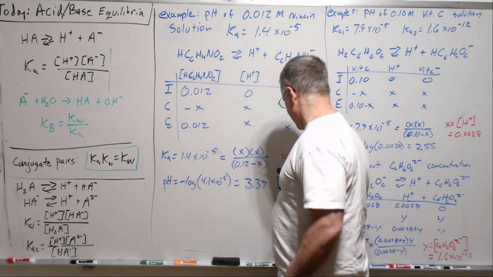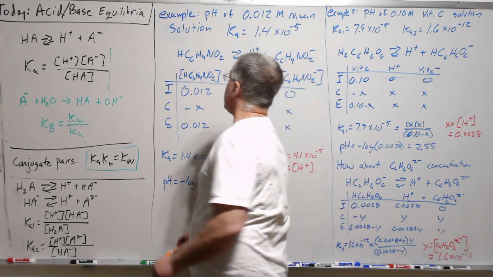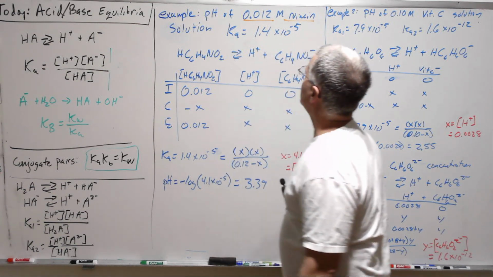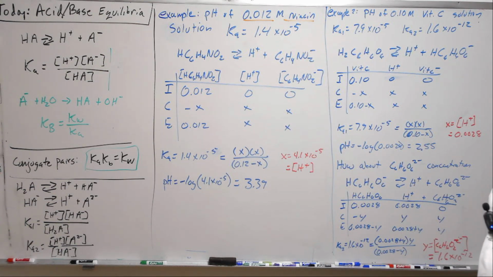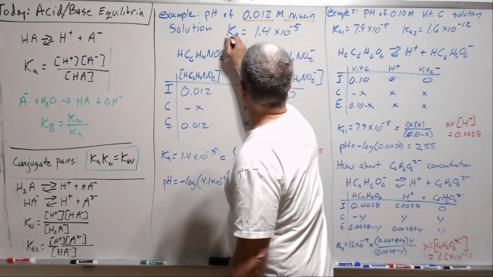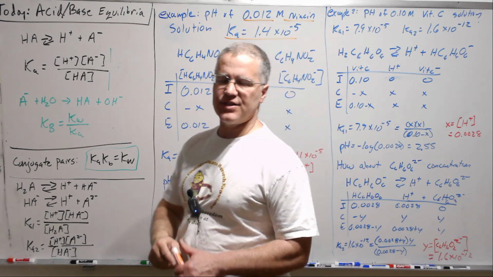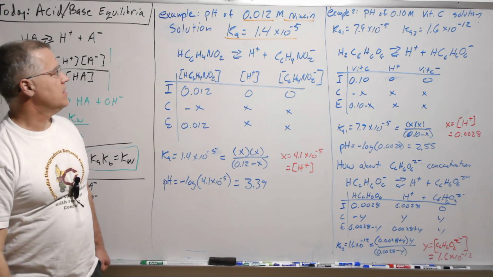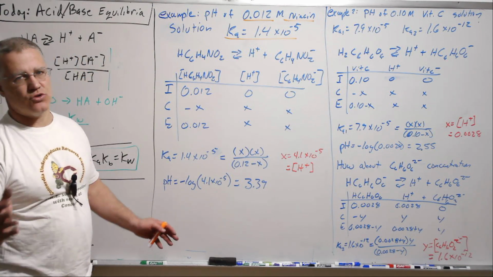So a monoprotic case, let's look at an example for a 0.012 molar solution of niacin. One thing you can practice is your book will have a table of Kas, common Kas, but you can Google this.